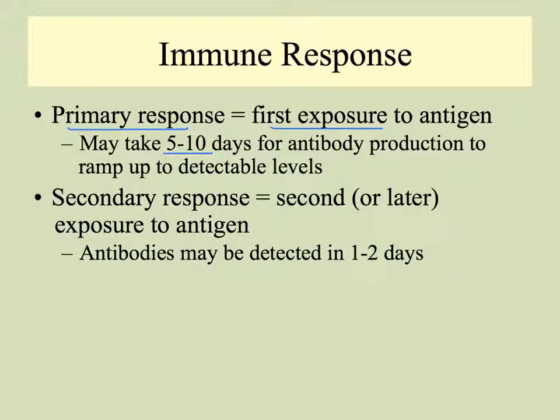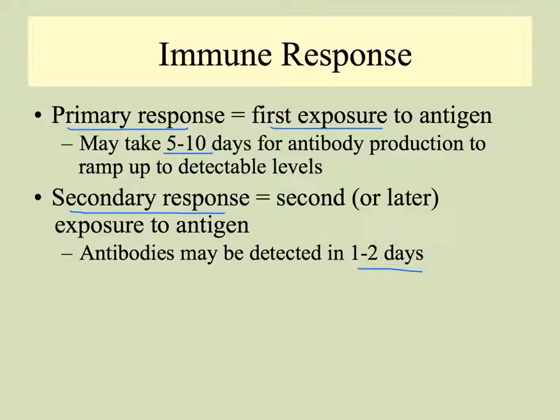But when your body has developed that immunity, with the B cells, the memory cells, and all of the machinery in place, then if you are exposed to that antigen again, a secondary response, either the second time or even later, the antibodies will be available at a much higher rate and much sooner, and so in only 1 to 2 days you can see the antibodies in the body.